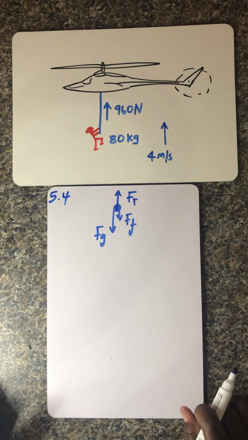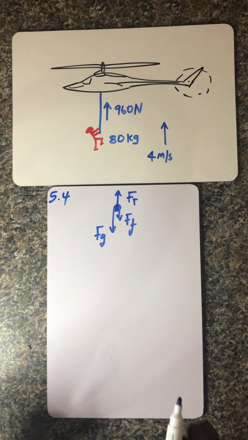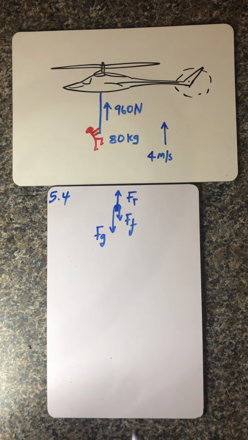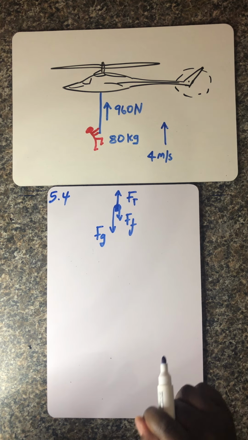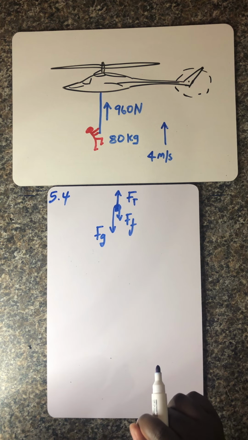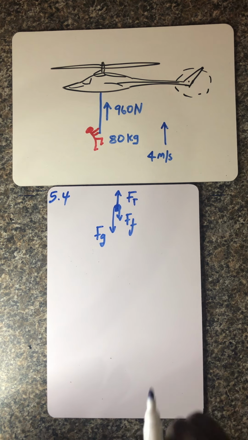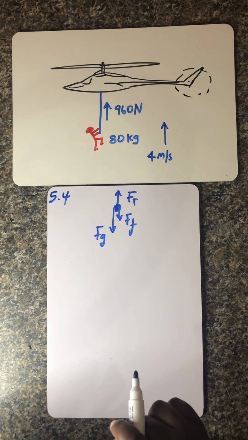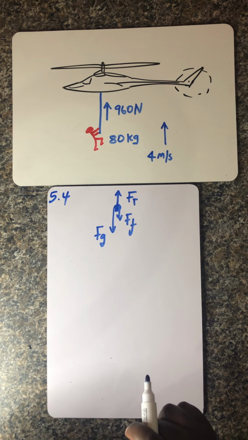Okay, so now the question wants us to use the work energy theorem to calculate the work done on the object or on the soldier by friction after moving through the height of 20 meters.